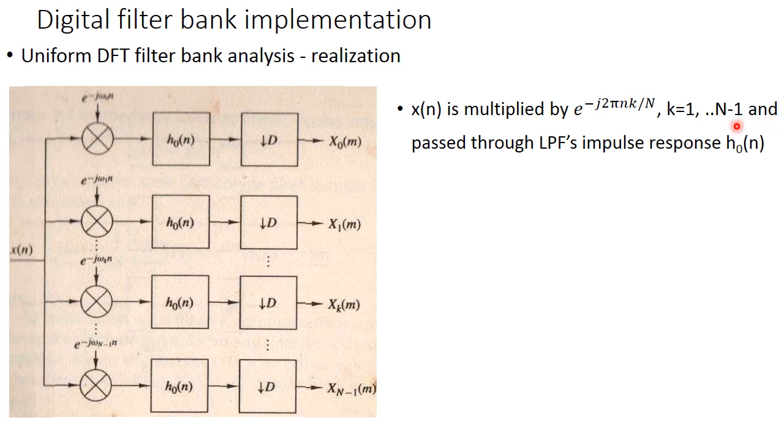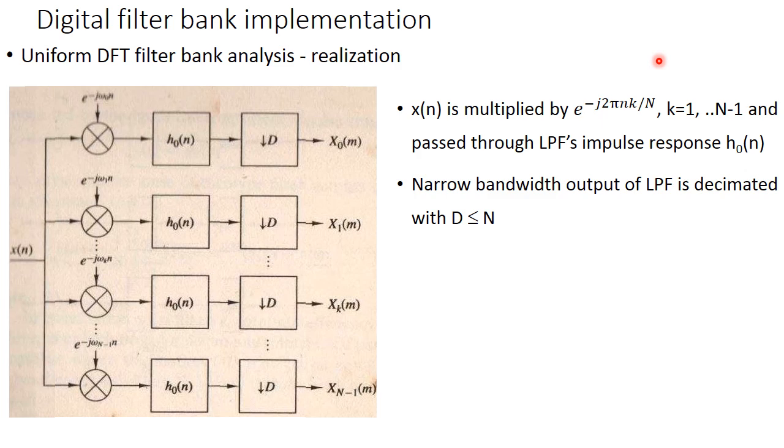You know that in order to convert a time domain signal into the frequency domain signal, we have to multiply by e raised to minus j omega n factor. Remember, it is e raised to minus j omega k.